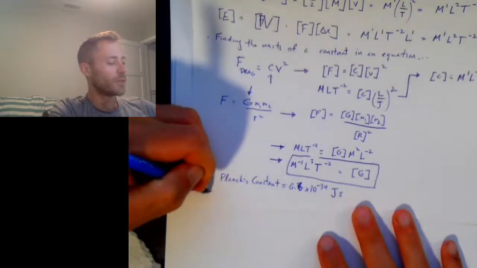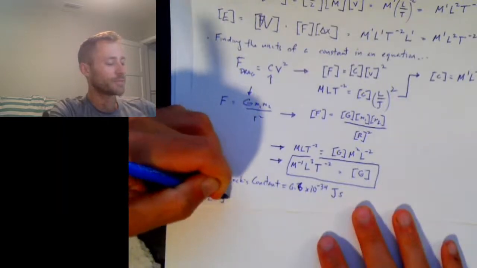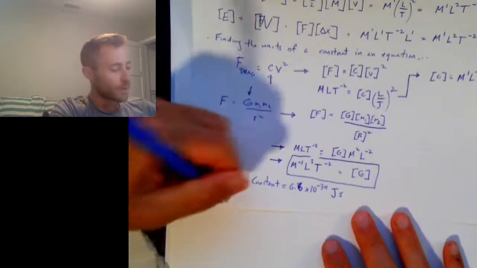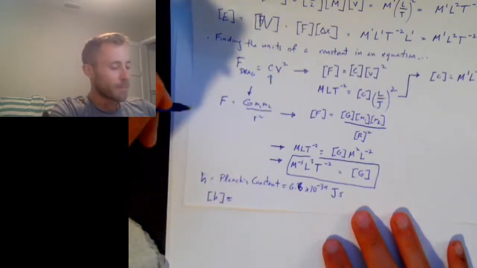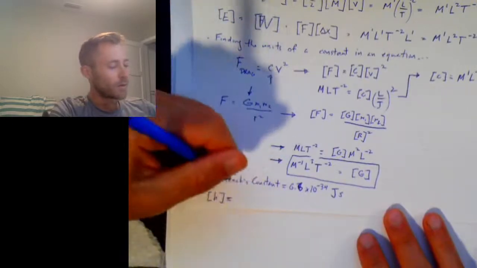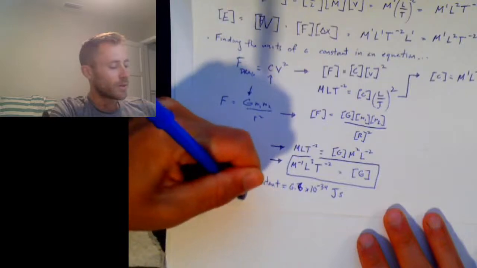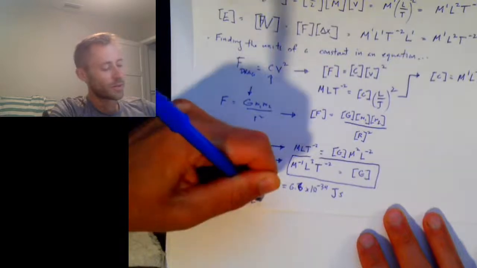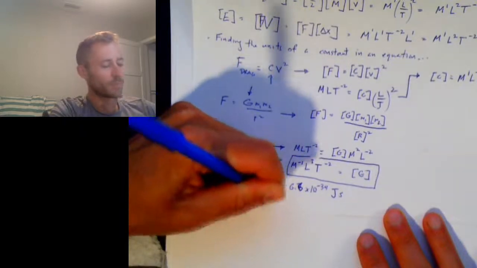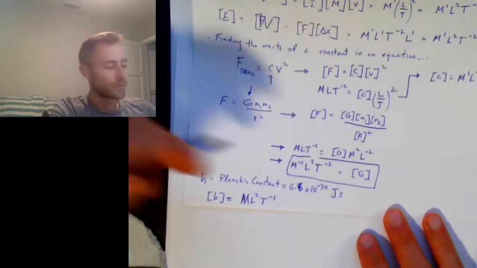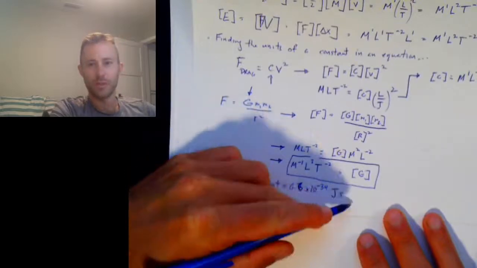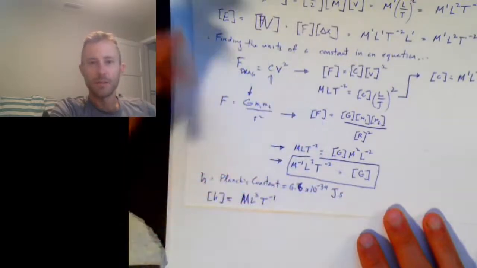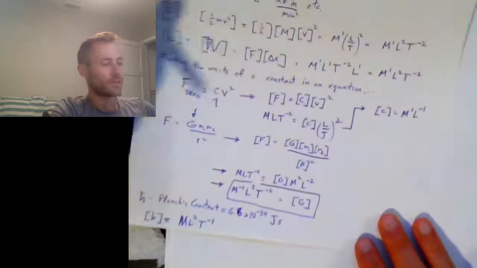And the fundamental units of Planck's constant are mass times length squared times time to the negative 1. Okay, so if you work it out, it's joule times a second. We saw here what a joule is.